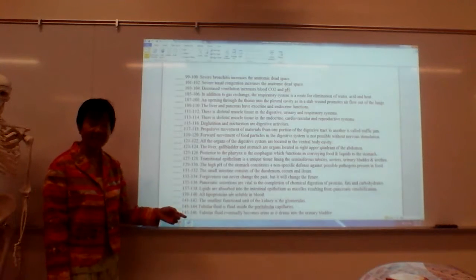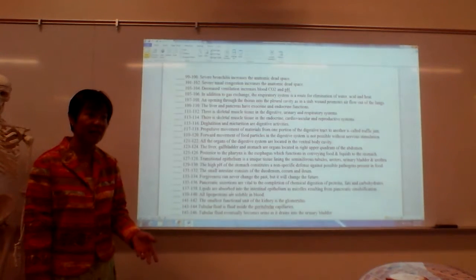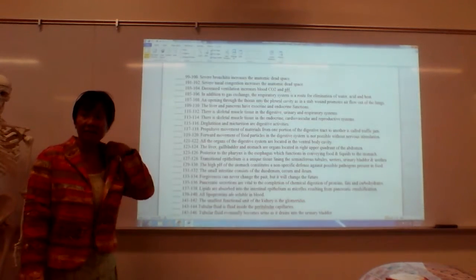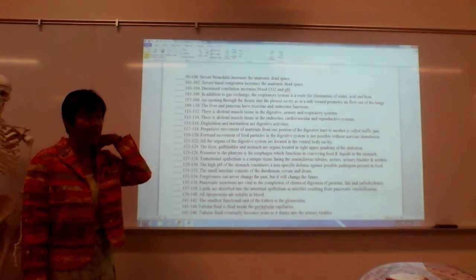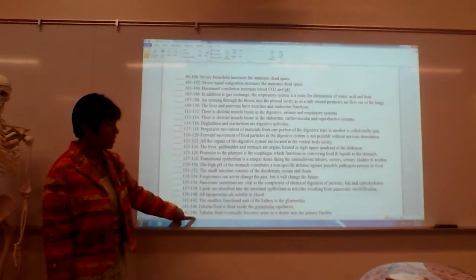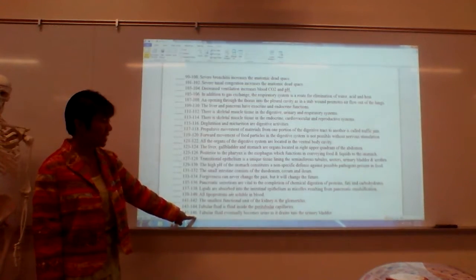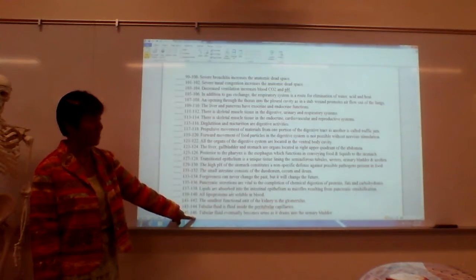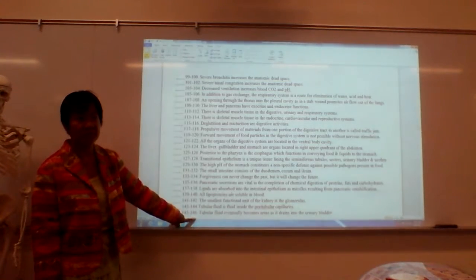The fluid inside the capillaries is called blood, right? The capillary is a blood vessel, so the fluid in there is called blood. It's not tubular fluid, okay?